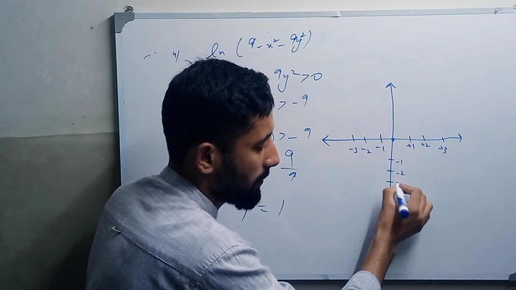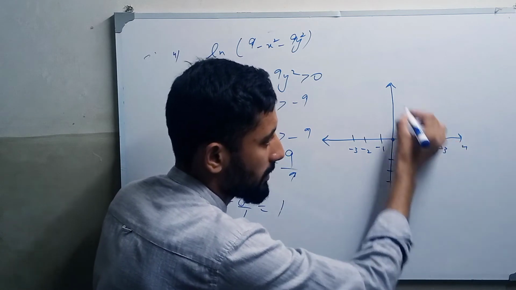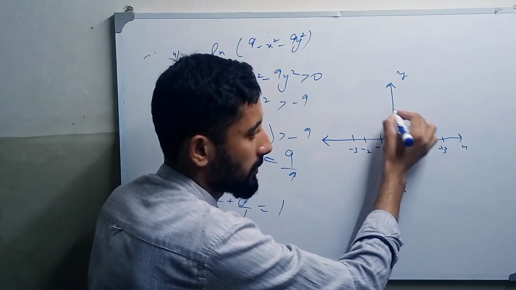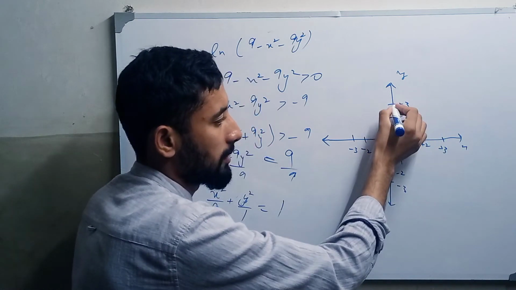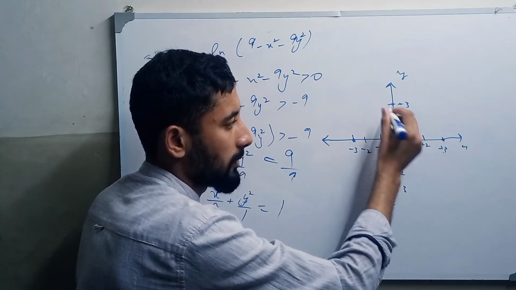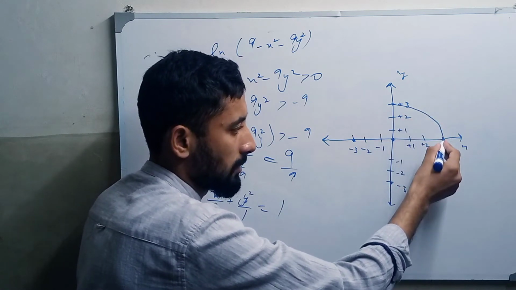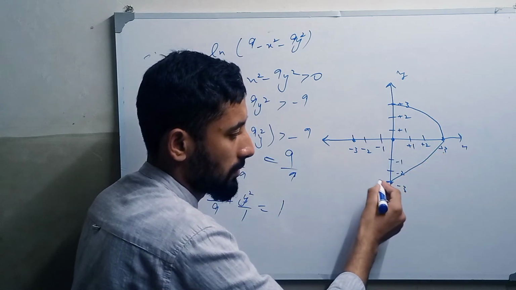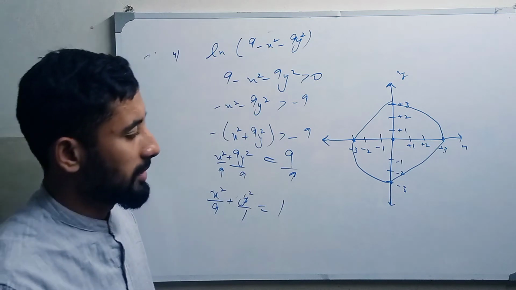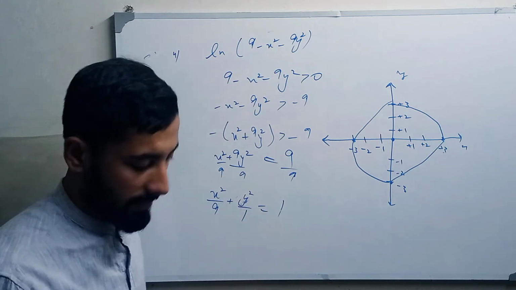This is x, this is y. So it will become an ellipse like this.